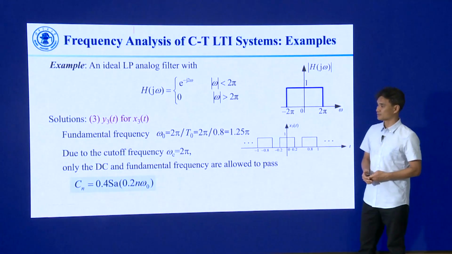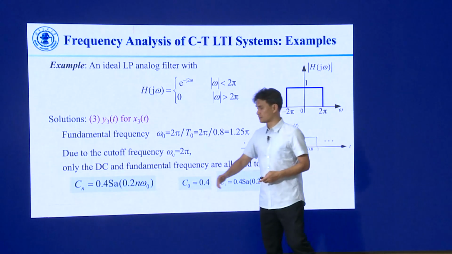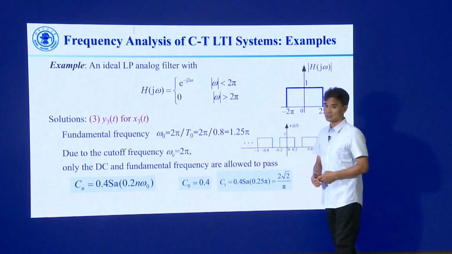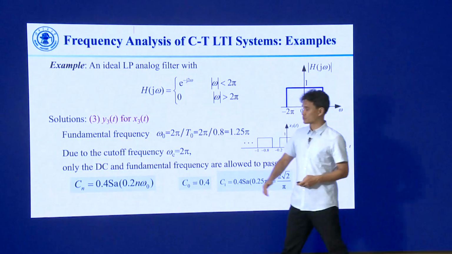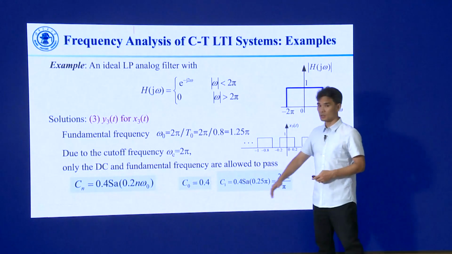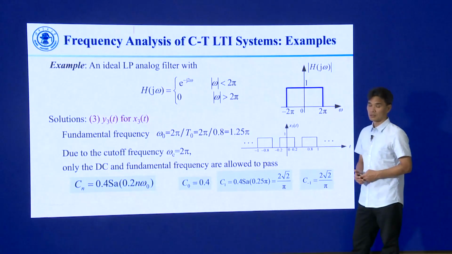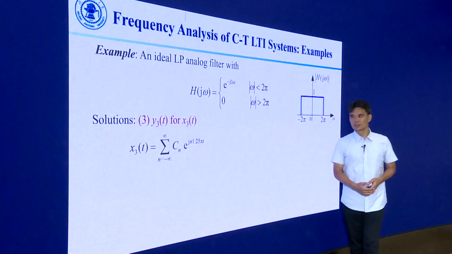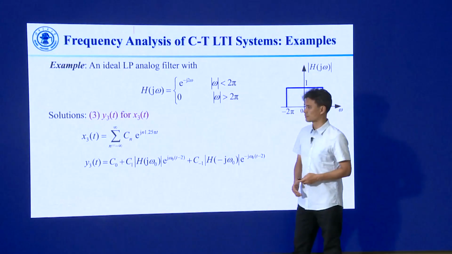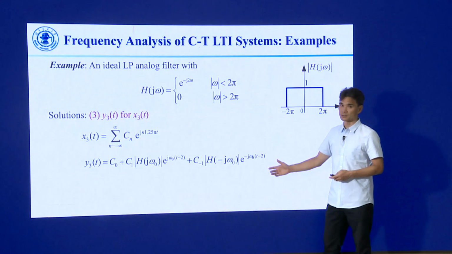So the system's zero-state response will be represented by the Fourier series given here. We have only two components, the DC component and the fundamental frequency component. Using the Fourier representation, here is the system's zero-state response.